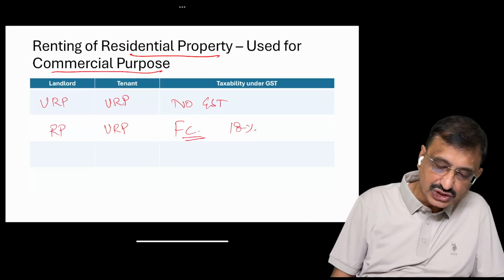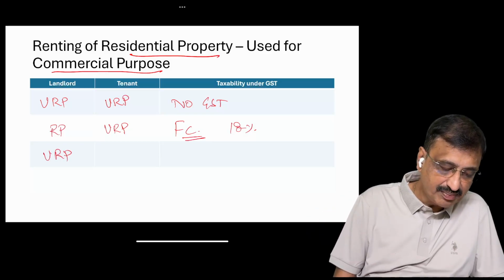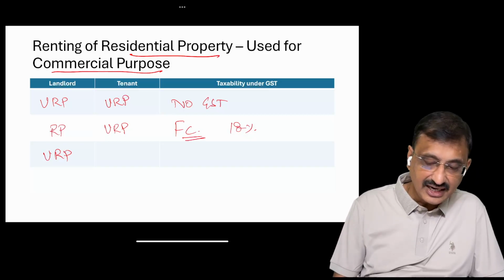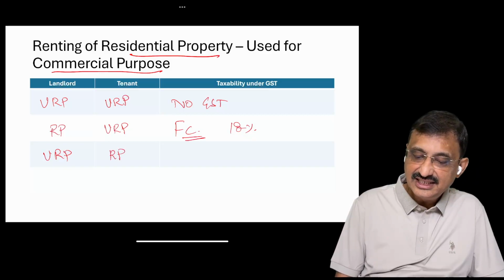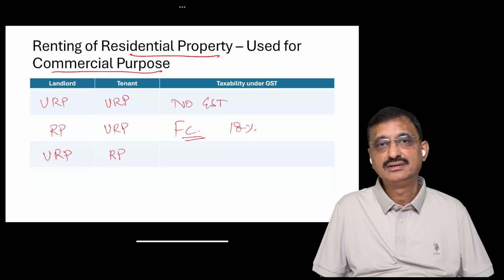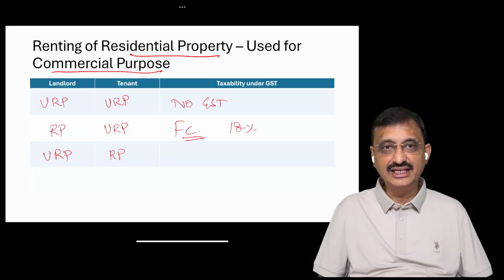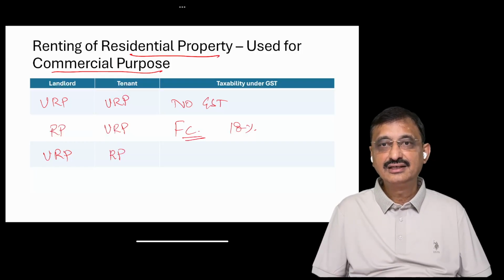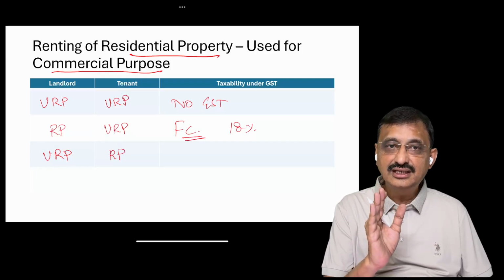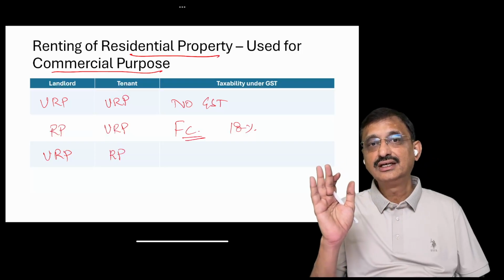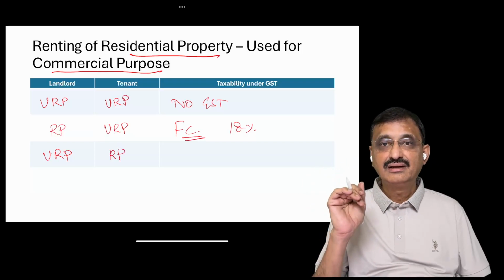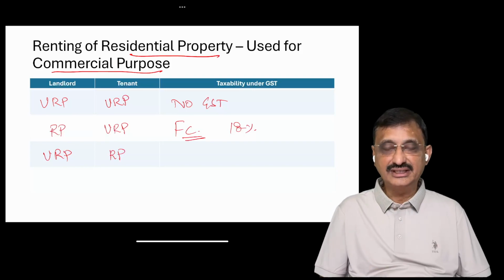Now next comes the question of an unregistered person as landlord and a registered person as tenant. What will happen? This is a residential dwelling let out to a registered person by an unregistered person.